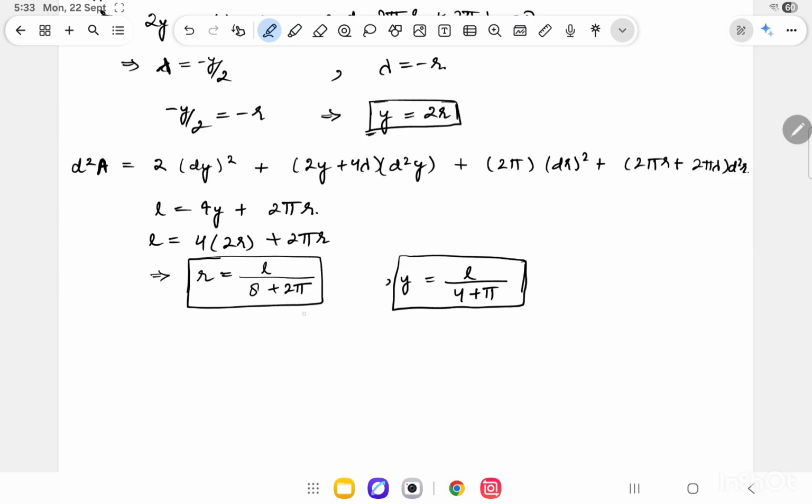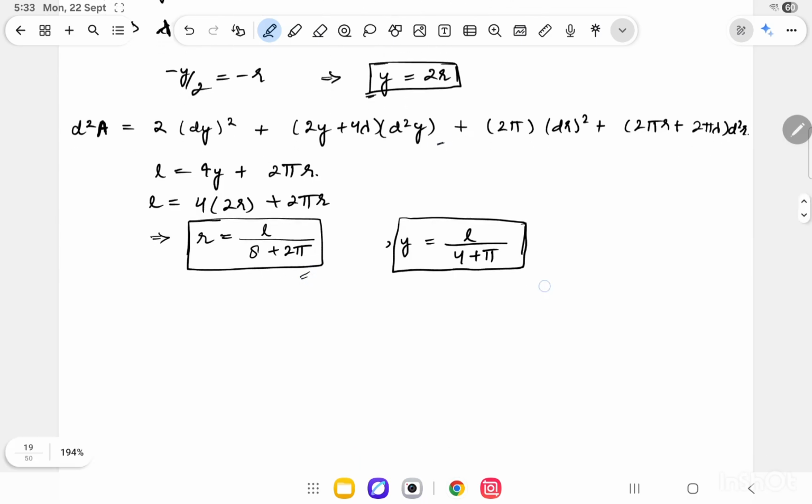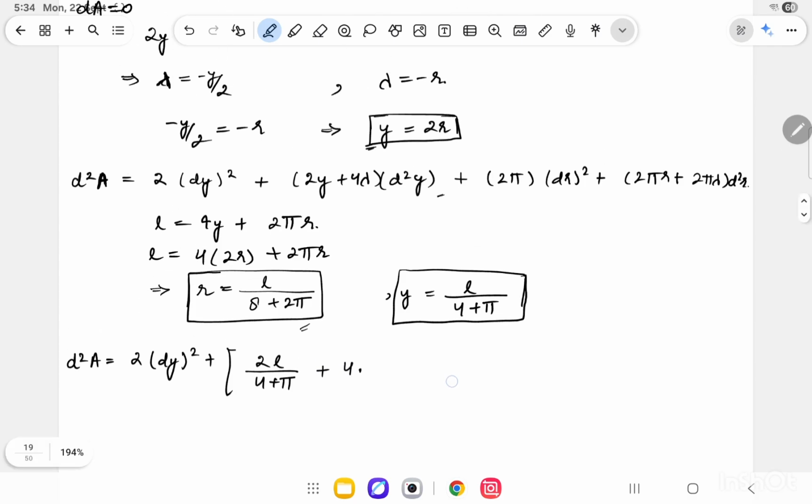Now I can use these values in the double derivative, that is d square A, to see if it is greater than 0 or less than 0. Based on that we'll conclude whether the area for this length is a maximum or minimum. So it will be 2 into dy square plus 2 times y, that will be 2L divided by 4 plus pi, plus 4 into lambda.